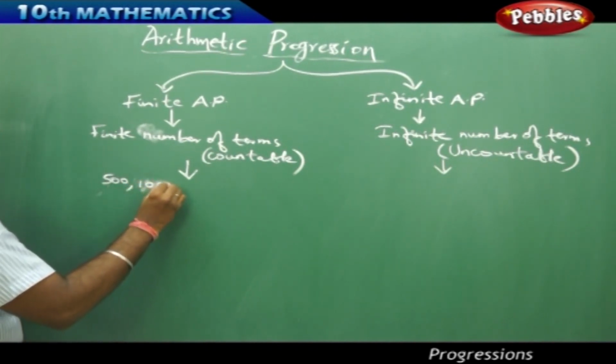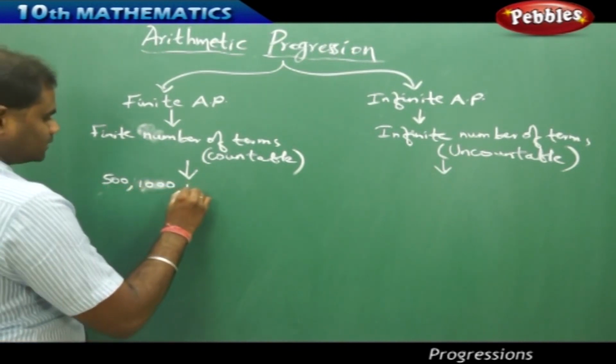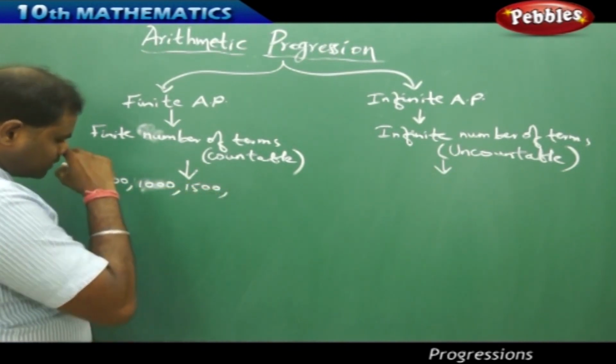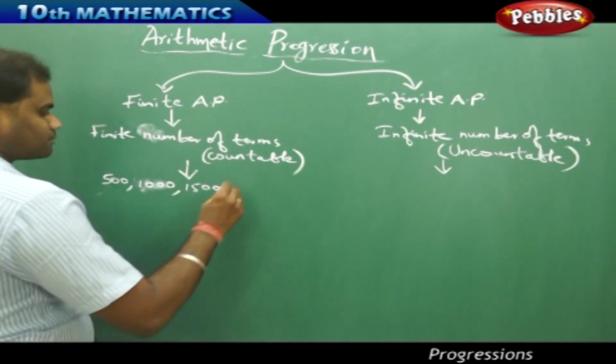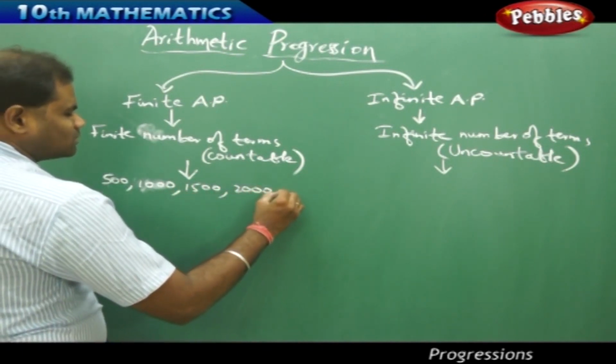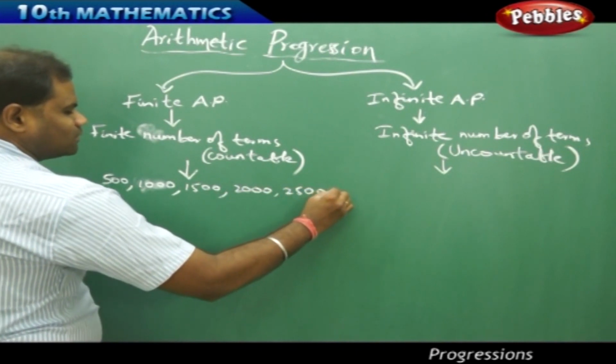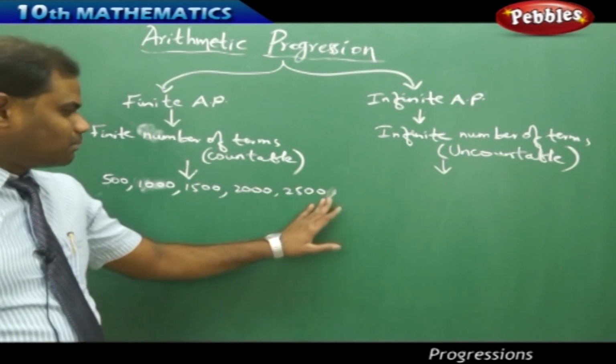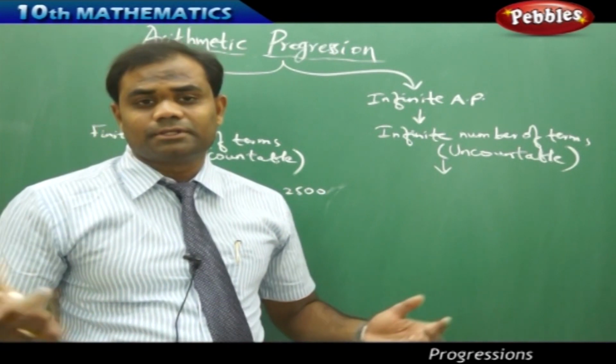So it becomes 1000, and then it becomes 1500. So every time it is 500 rupees increased. So 2500.